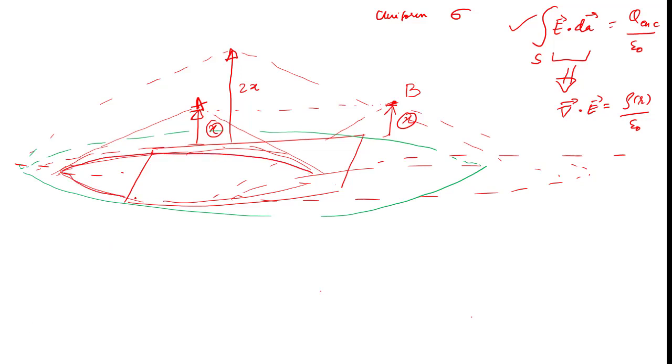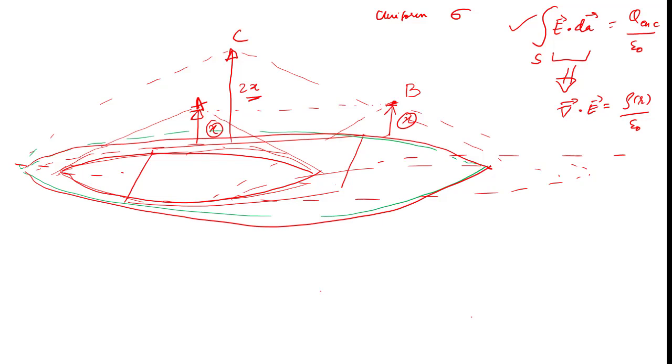When I was at A or B, I'm able to see this much charge. So when I'm at C, I'm able to see more charge, but C is farther away. So the electric field should be weaker as you're going farther for a point charge. But here, as I'm going farther, I'm able to see a larger intersection of the charge. So there is more charge.